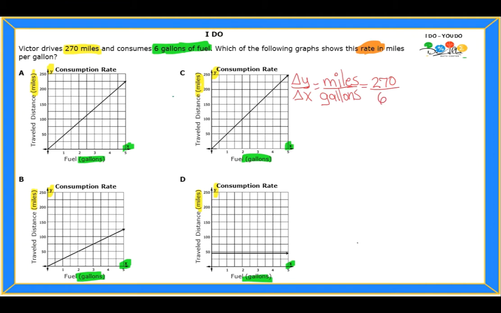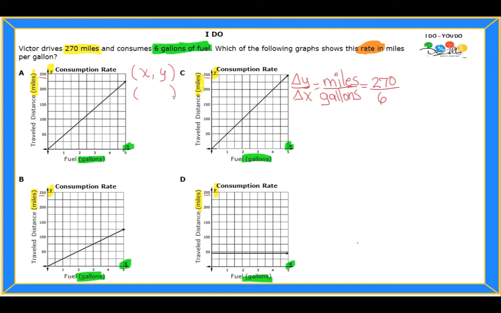Okay, now the problem with that comparison is that if I look at the graphs, it's kind of hard to find 270 on the y, because the highest number that I have on the y is 250, right? So that's the reason why I cannot find that number that easily. Now I am going to ask you to write this down as an ordered pair, because some of the students complain, Miss, I don't know how to graph that number.